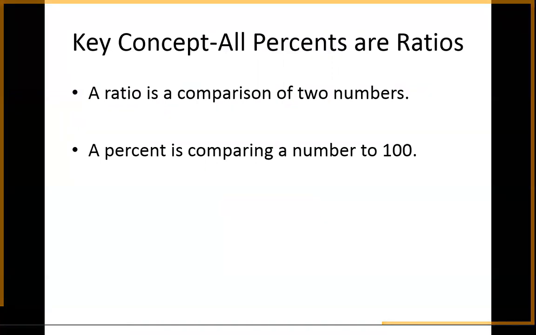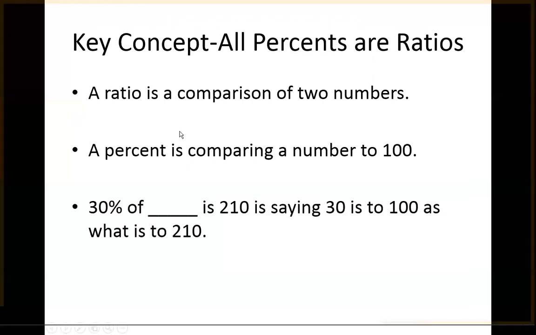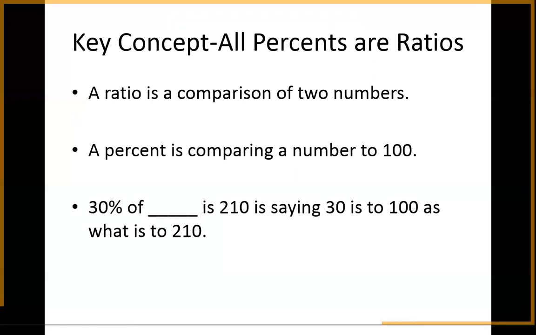So 30% means 30 is to 100. So 30% of blank is 210 is saying 30 is to 100 as what, the part we don't know here, is to 210.